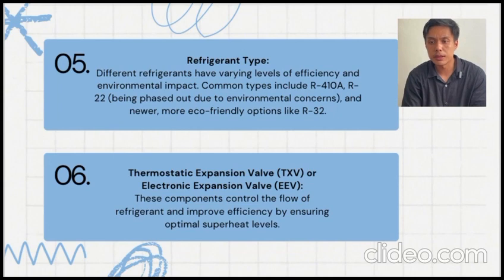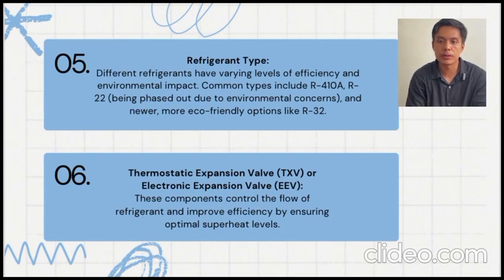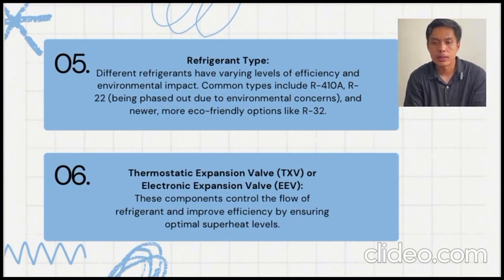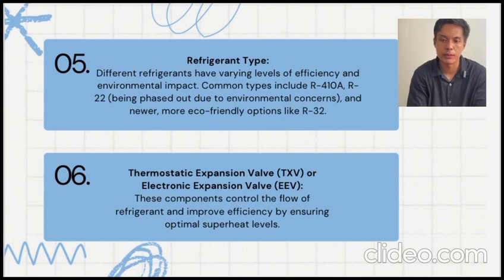Common types include R410A, R22 being phased out due to environmental concerns, and newer, more eco-friendly options like R32. Lastly is the thermostatic expansion valve, TXV, or electronic expansion valve, EEV. These components control the flow of refrigerant and improve efficiency by ensuring optimal superheat levels.